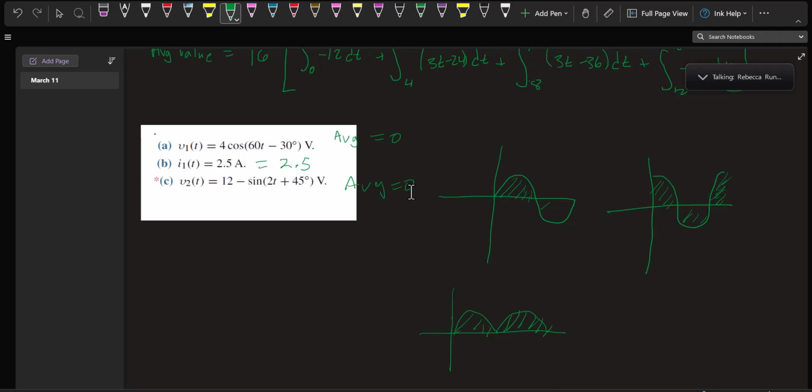let's see, so the period would be 2 pi over 60. Do I need that? I don't know if I need that. So it'd be 1 over T, and I'm going to take the square root of the whole thing. I'm doing the first one.